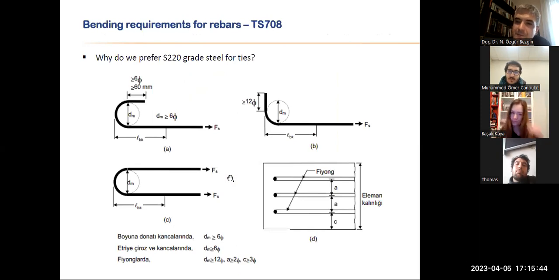But when we think about this, what type of design does this require? Is it an elastic design or a plastic design? When you bend the rebar, is it an elastic design or a plastic design?